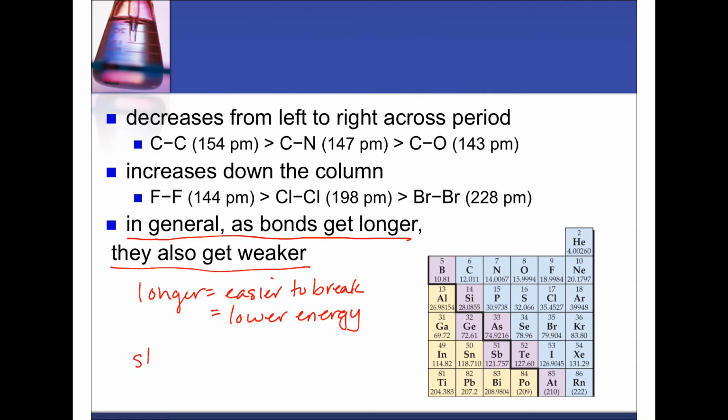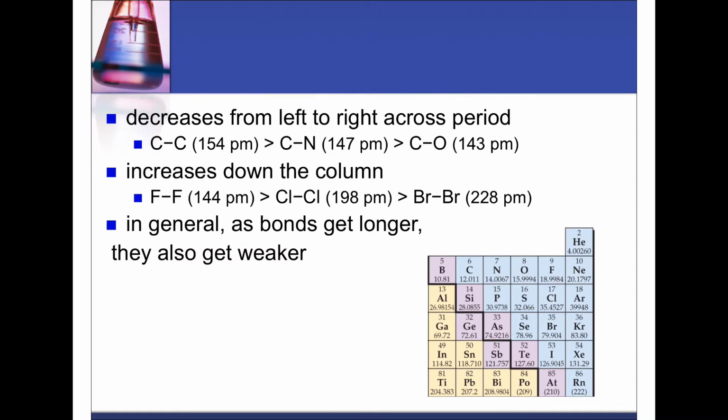The shorter and stronger a bond is, it's harder to break, and it has a higher bond energy. When we talk about the energy of a bond, we usually call them just bond energies.